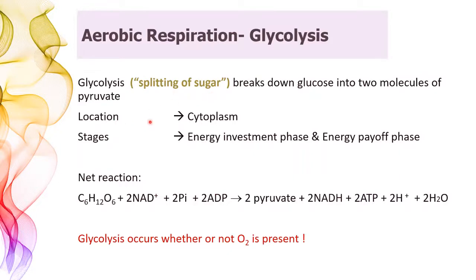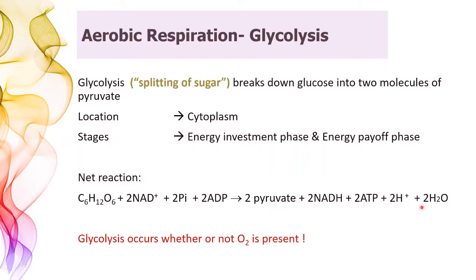Glycolysis happens in the cytoplasm and has two stages, which are the energy investment phase and the energy payoff phase. Based on the net reaction in glycolysis, one molecule of glucose will be converted into two molecules of pyruvate along with the production of 2 NADH, 2 ATP and 2 molecules of water.